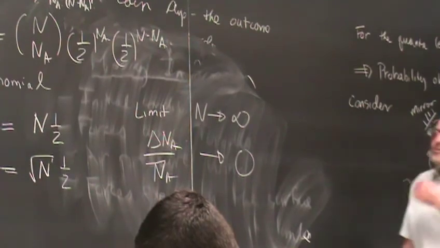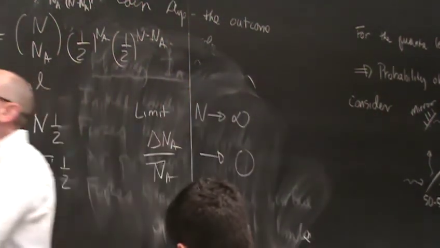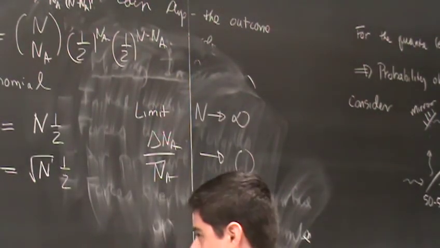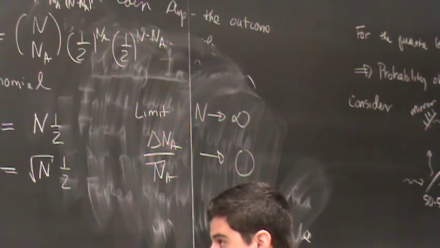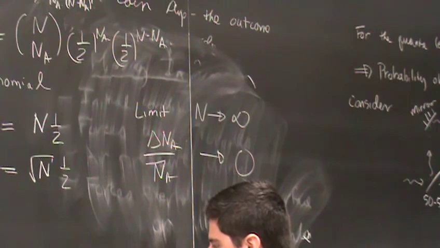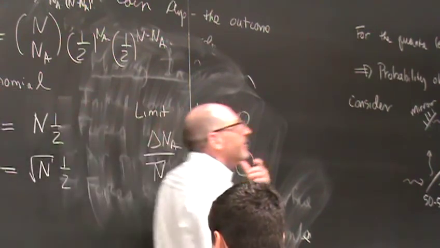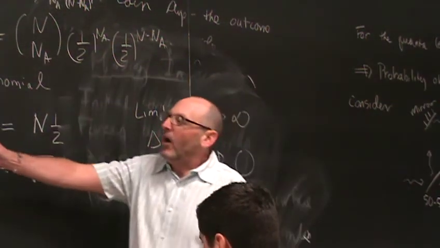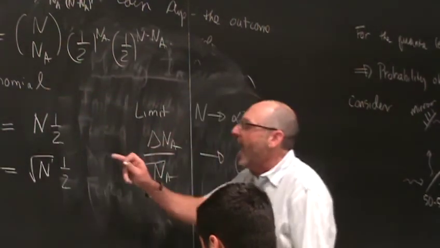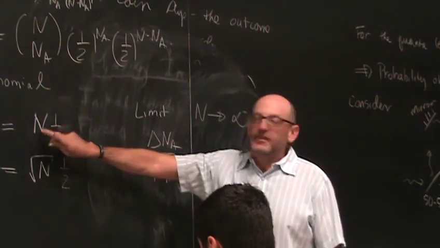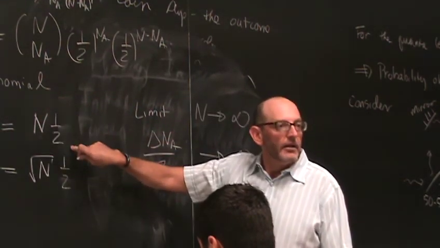Which means that if we were to do a very, very large number of photon counts, what we would find is that the number we would detect on here would be n times the probability.